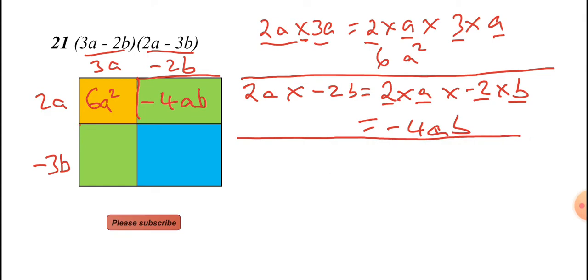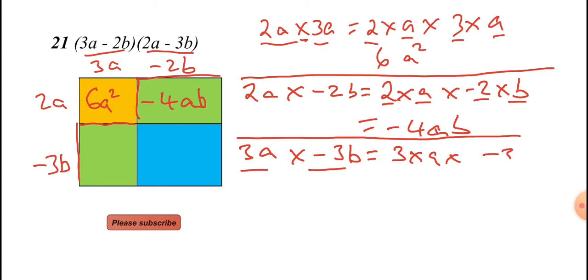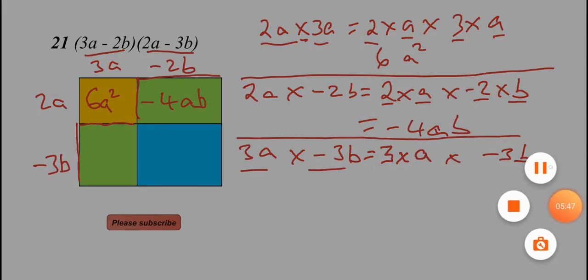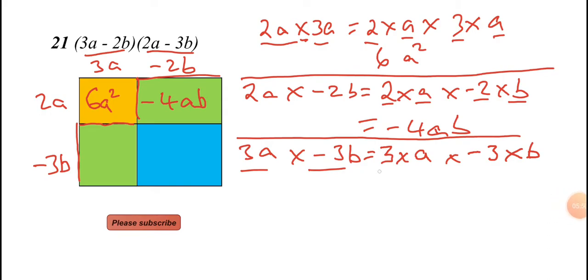Now I've got to do 3a times minus 3b, which is the same as saying 3 times a times minus 3 times b. So 3 times minus 3 makes it minus 9, and then a times b makes it ab, minus 9ab.